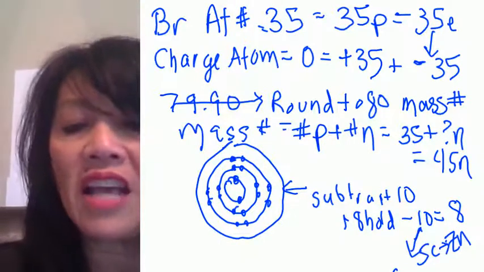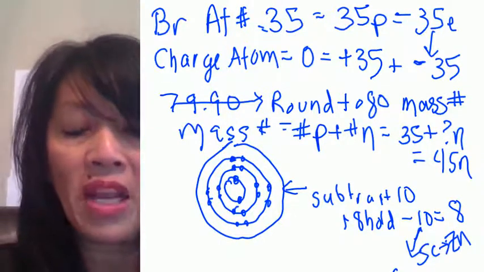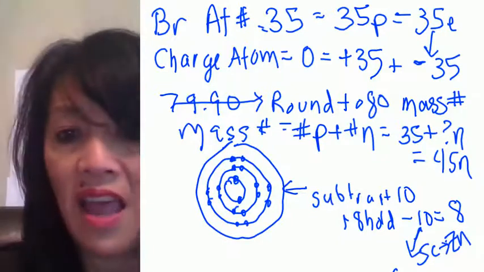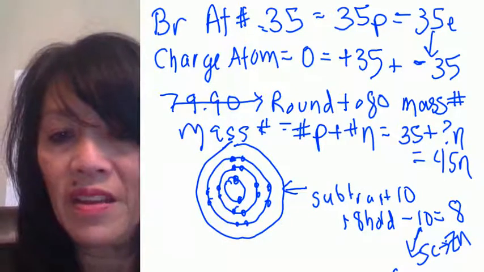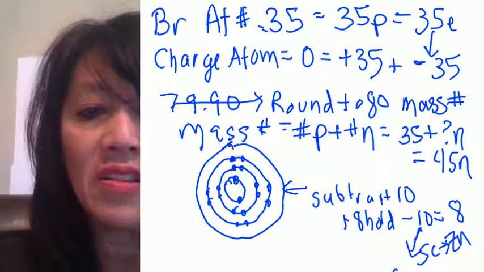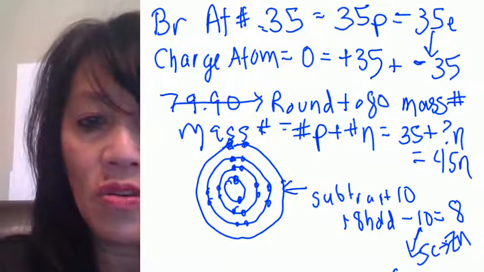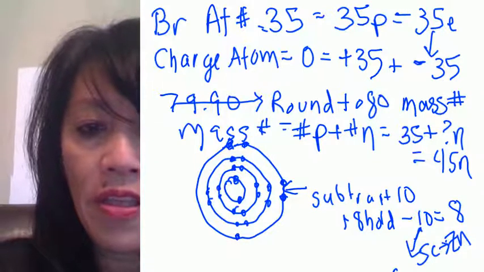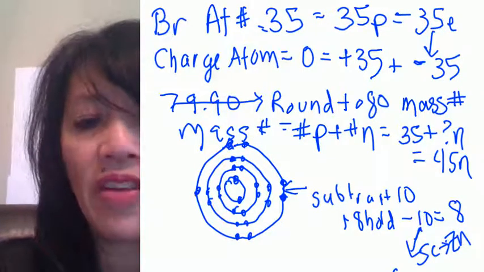And I get that that last shell holds 8. But bromine only has 7 more electrons left. So there's 2, 4, 6, and 7.